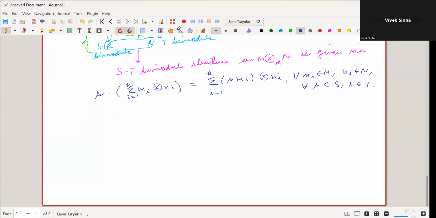So this is the left module structure coming from S. For making it an ST bimodule, we need a right module structure coming from T. So we have summation i equal to 1 to k of m_i tensor n_i, times t, is equal to summation i equal to 1 to k of m_i tensor n_i t.